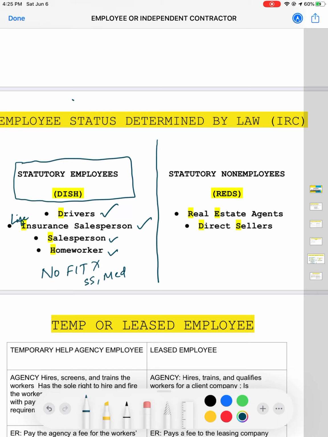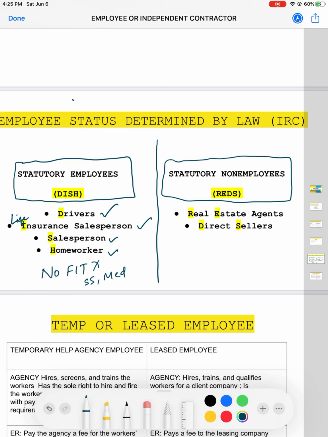Now let's look at the statutory non-employees. The mnemonic for statutory non-employees is REDS, where RE stands for real estate agents and DS stands for direct sellers.